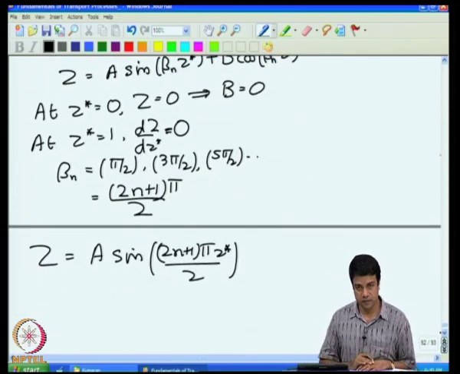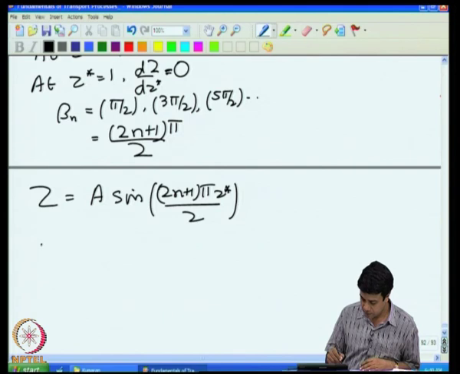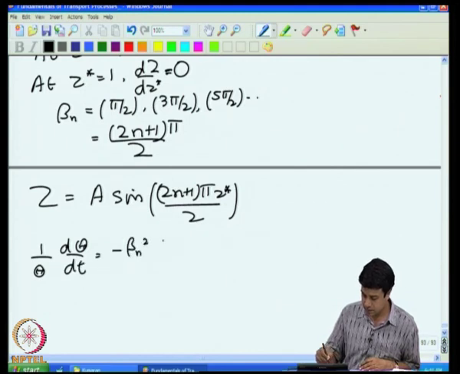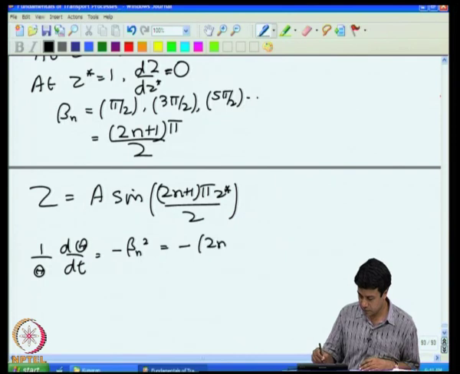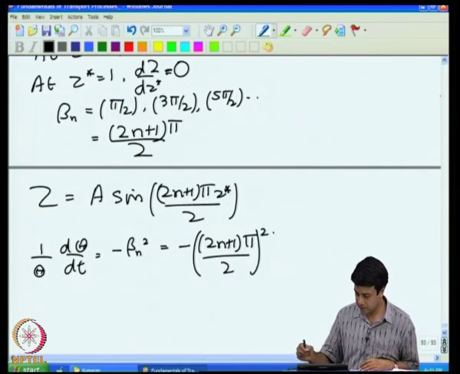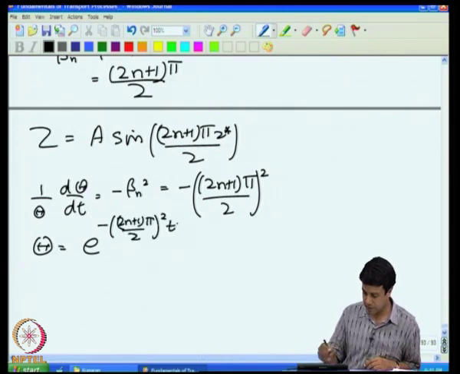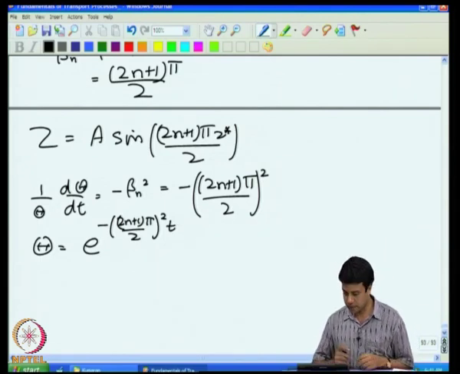So, that is the equation for capital Z. And I also have 1 by theta d theta by dt is equal to minus beta n square, which is minus of 2n plus 1 pi by 2 whole square. Solving this, I will get the exponential function theta is equal to e power minus 2n plus 1 pi by 2 the whole square times t. So, that is the final solution.